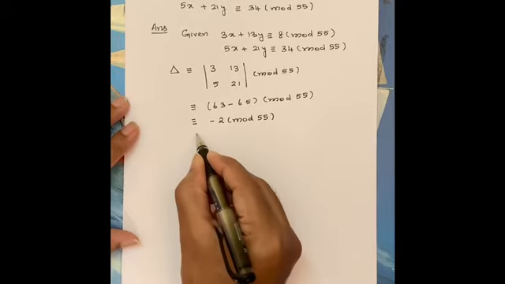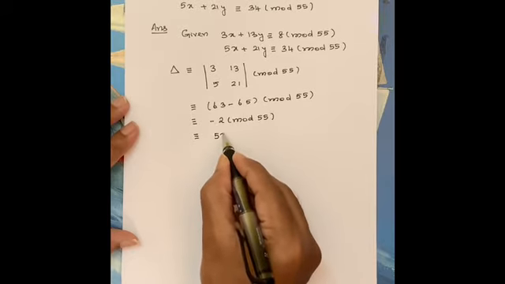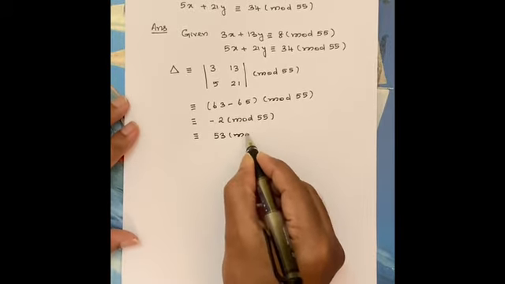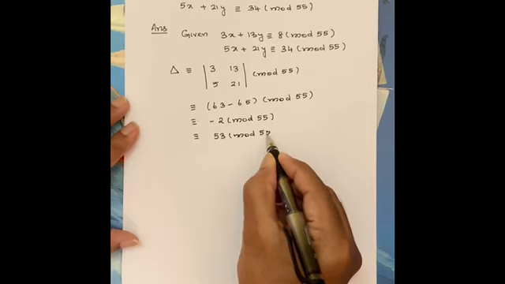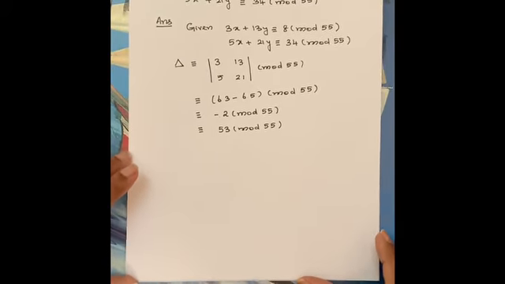So using the properties of congruences, minus 2 modulo 55 is 55 minus 2, I can write 53 modulo 55. So delta value is congruent to 53 modulo 55. Okay, so delta we calculated.